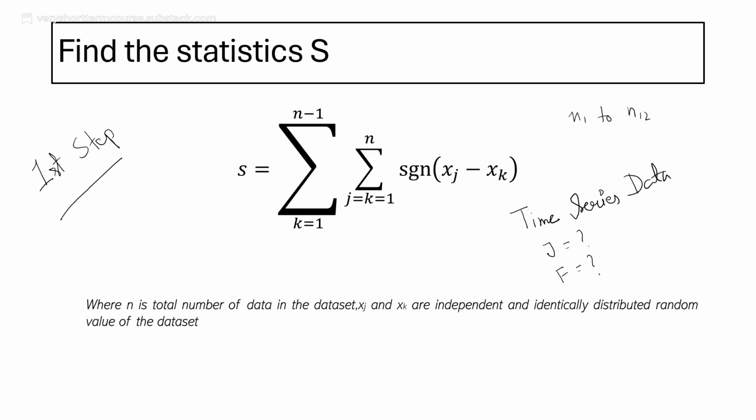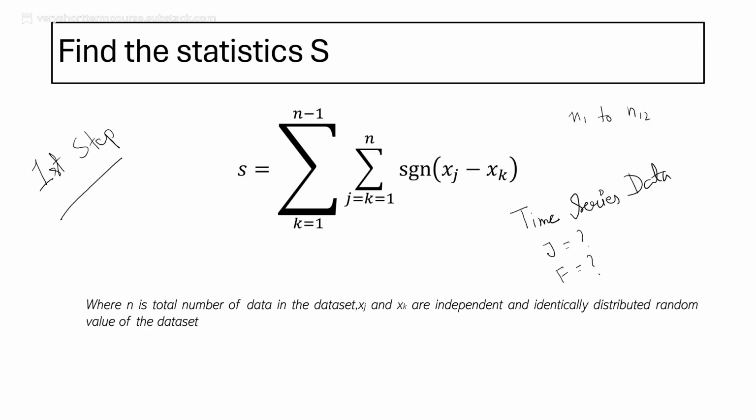So with respect to the time scale, you arrange the data chronologically from previous time scale to current time scale. If you have 50 years of data, then you start from the earliest year and come to the most recent year.